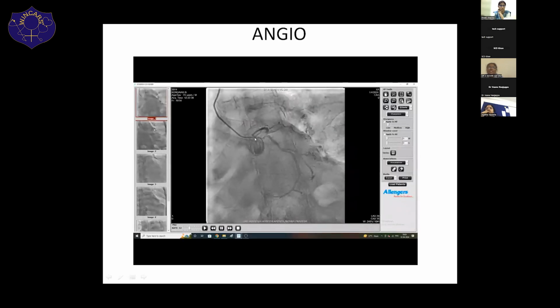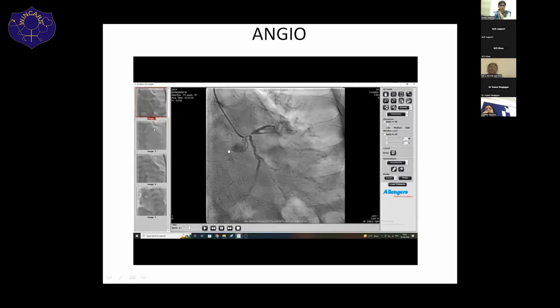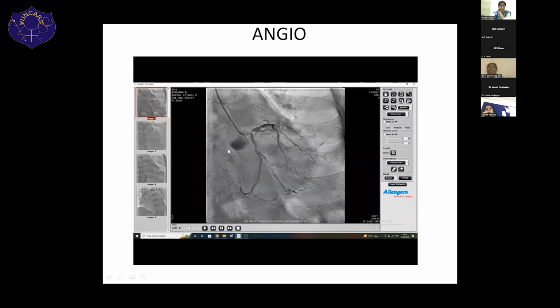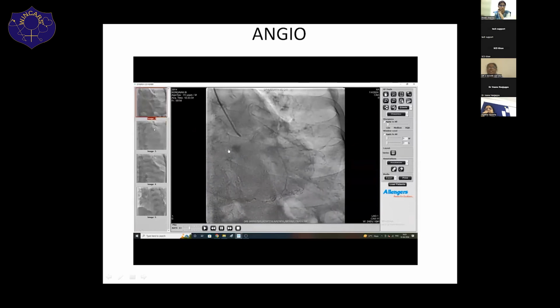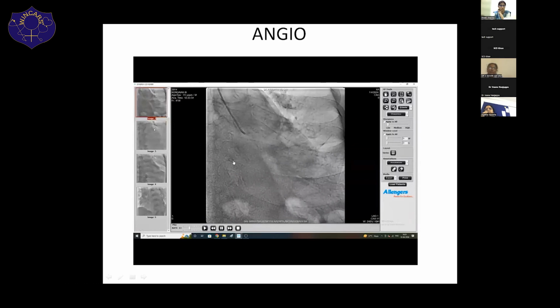The LMCA is diseased from the ostium, and the distal vessels, distal LCX and distal LAD, seem to be good.